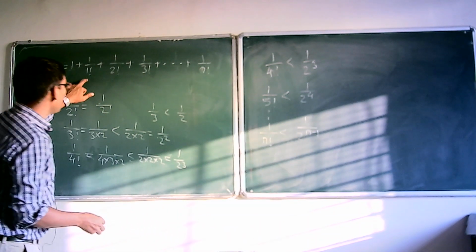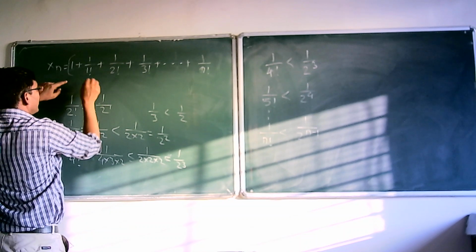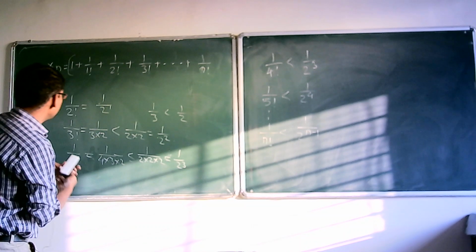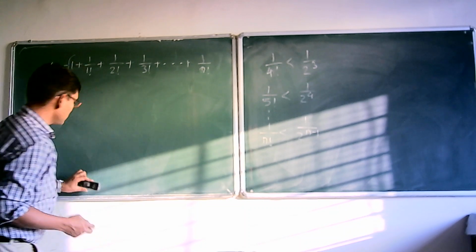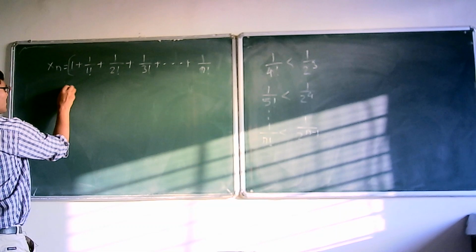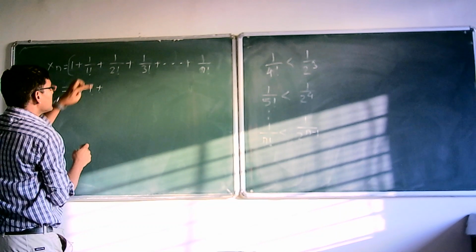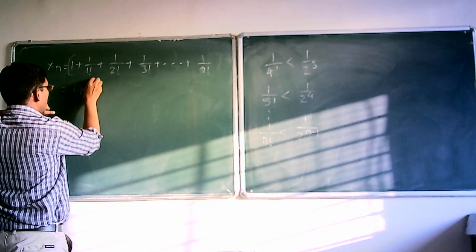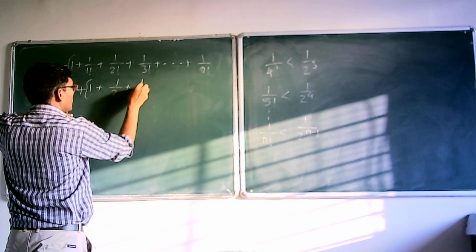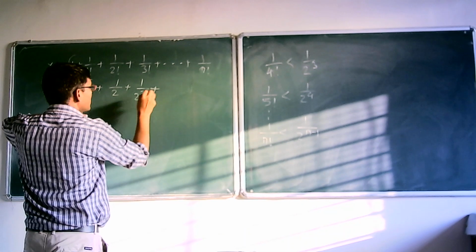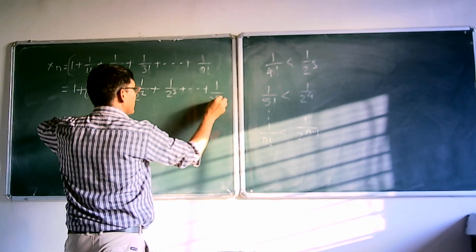So if you observe all these terms, up to the nth term, this is equal to 1 plus 1 plus 1 upon 2 factorial, which is 1 by 2, plus 1 upon 2 square plus 1 upon 2 cube plus dot dot dot 1 upon 2 raised to n minus 1.